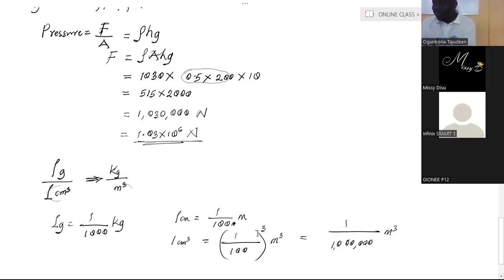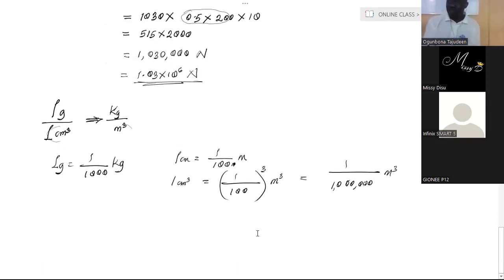So to convert it, 1 gram per 1 cubic centimeter is the same as saying 1 all over 1,000 kilogram divided by 1 cubic meters over 1 million.